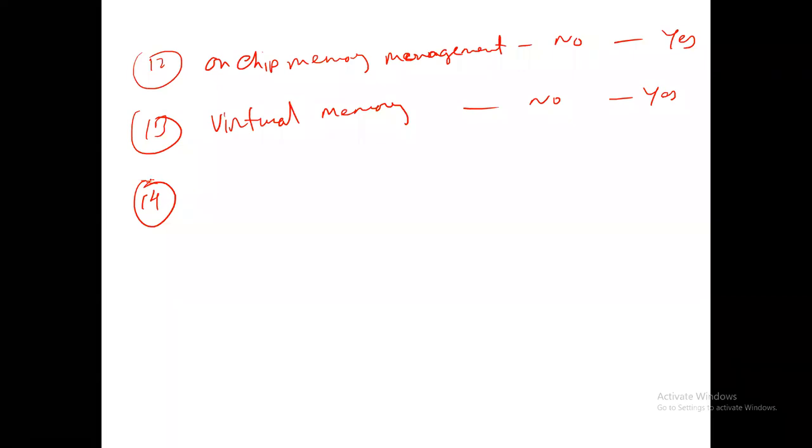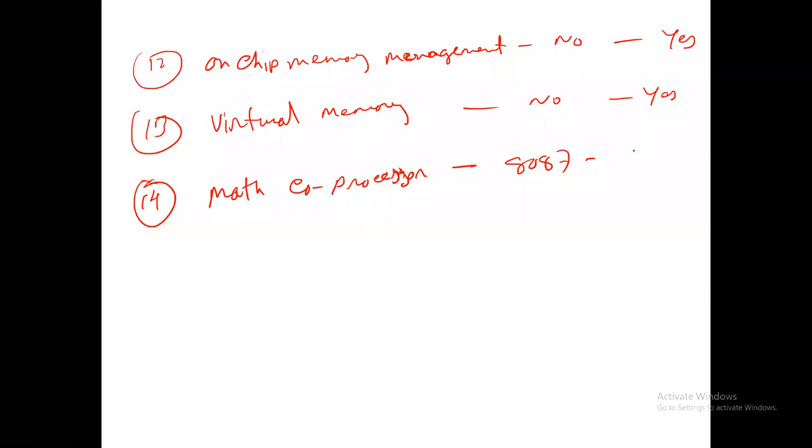So the helping processor used with the 8086 microprocessor is the coprocessor, the math coprocessor. This is the 8087.